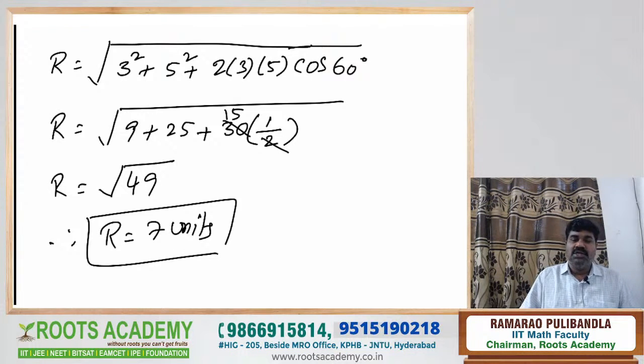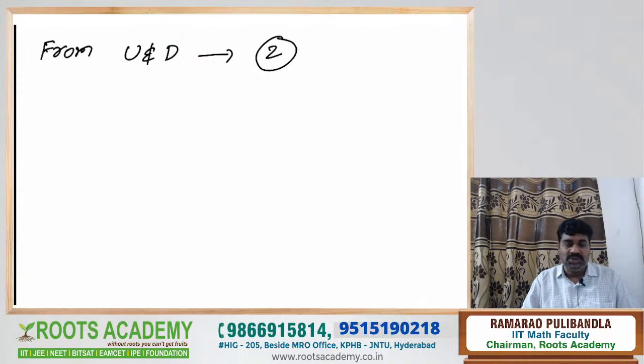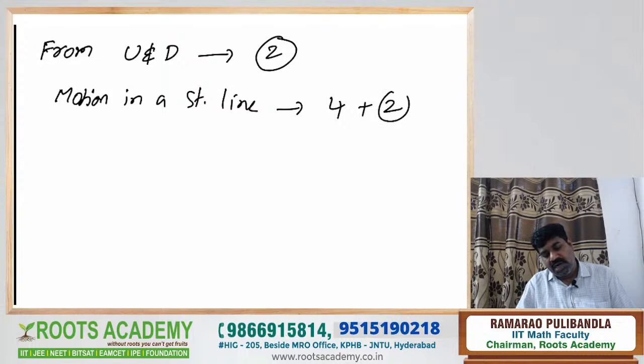Here, this is about motion in a plane. From the completed topics, from units and dimensions, there will be a chance of a 2 marks question. Motion in a straight line, there will be a chance of 4 plus 2 marks.